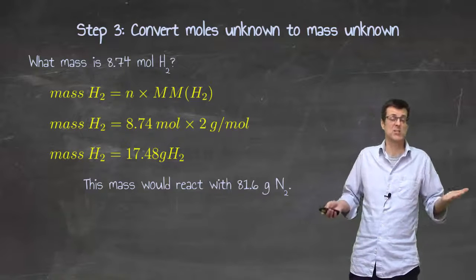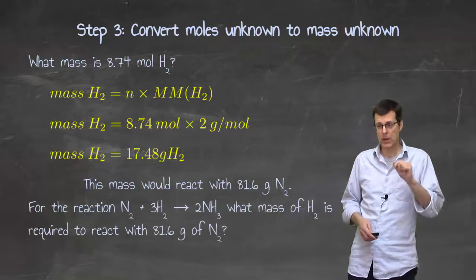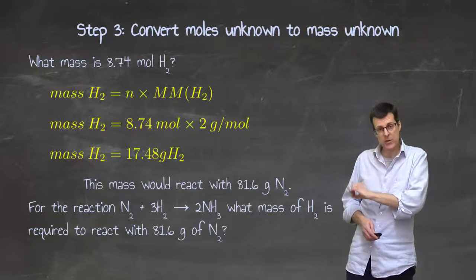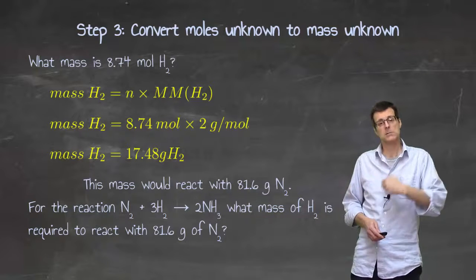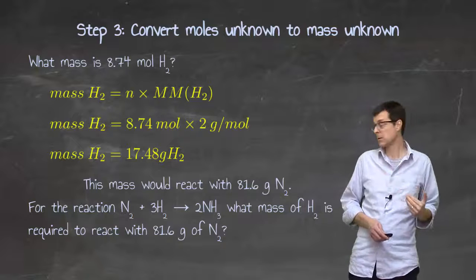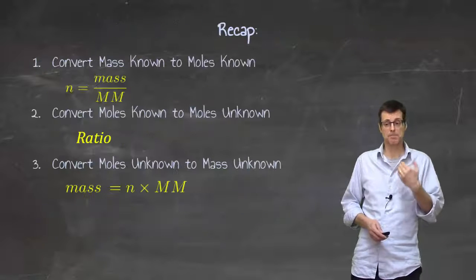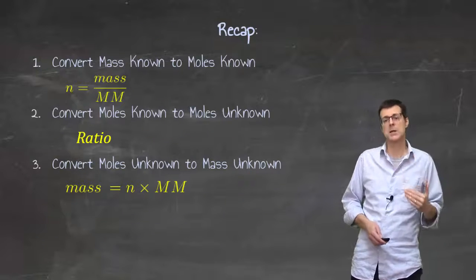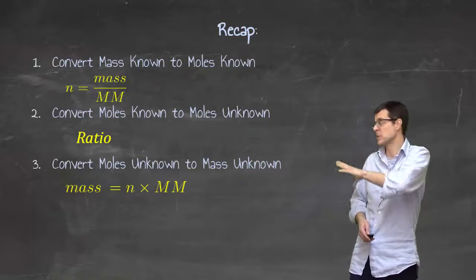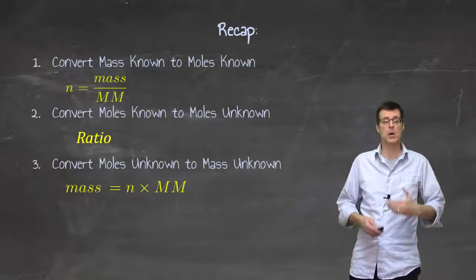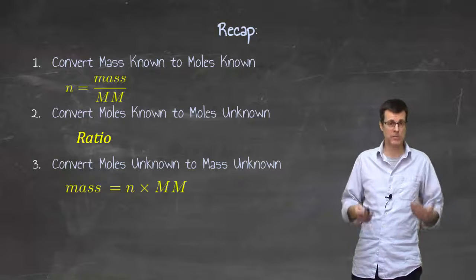And that's it, that's stoichiometry. Okay? So if the question started out like that, those are the steps I would go through, all 3 of those steps. I have to go through those 3 steps every single time. Step 1 is always mass divided by molar mass.